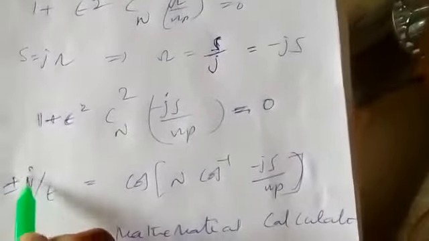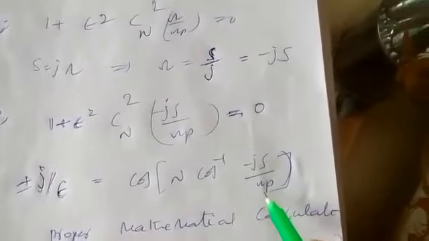So 1 plus eta square Cn square equals 0. Finally, plus or minus j by eta is equal to cos of N cos inverse of minus j s by omega p.